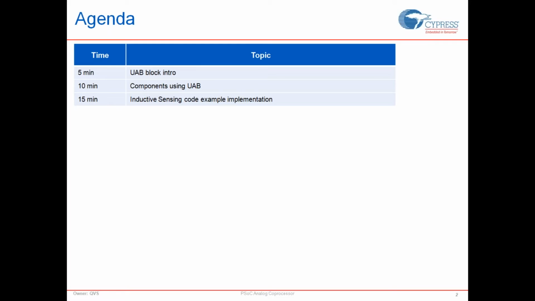So I'll go into details of how the analog circuit for inductive sensing works, what the excitation system is, how you are sensing it, and all that. So that's going to give you an insight into how to bring together a whole system inside a PSOC analog coprocessor. It will also give you a slight insight into a few functionalities of the UAB block, because we do use the UAB block inside the inductive sensing code example.